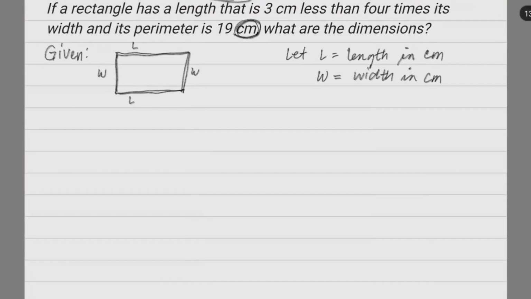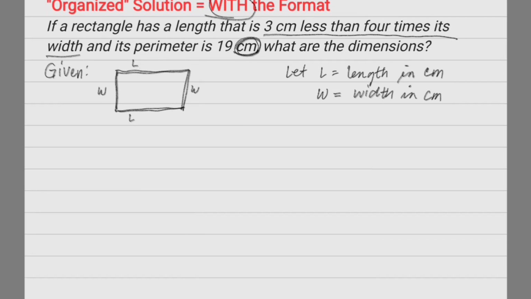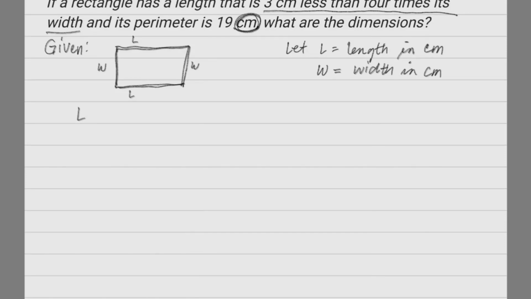Now, what do we do next? We know that here in the first sentence, or in the first clause, it says a rectangle has a length that is 3 centimeters less than 4 times its width. It can be a clue for us to have an equation for the length, because as we already know, this is a word problem.